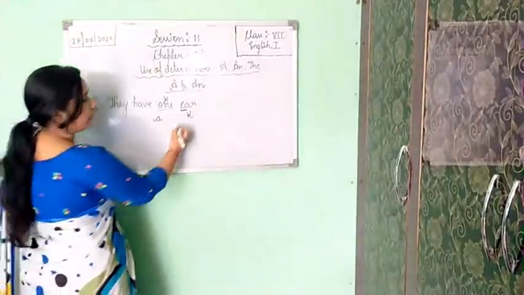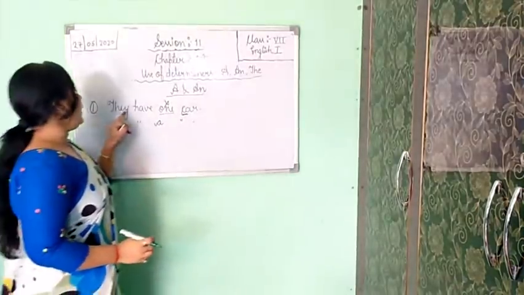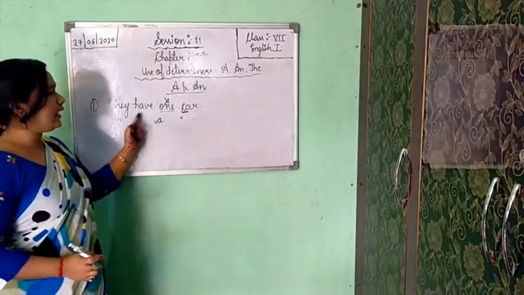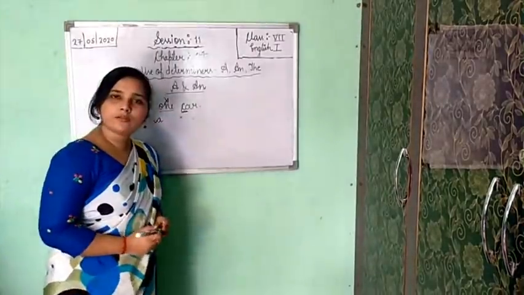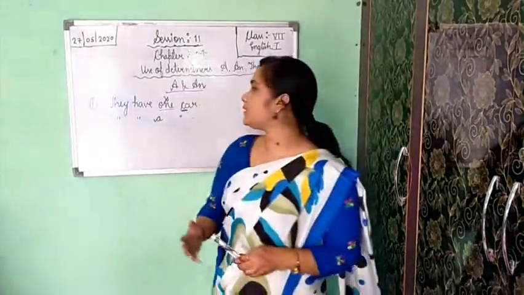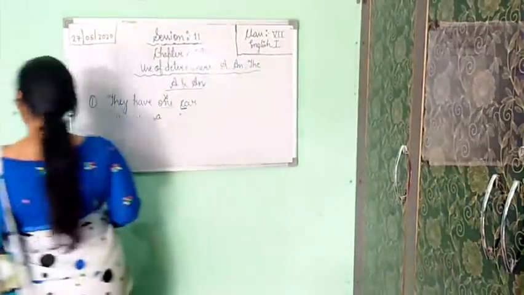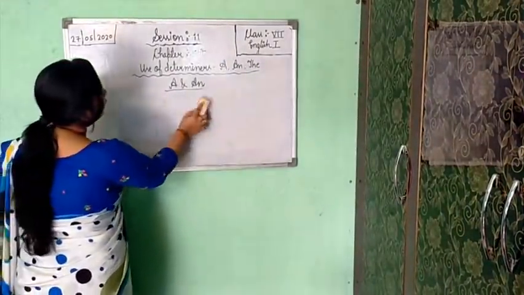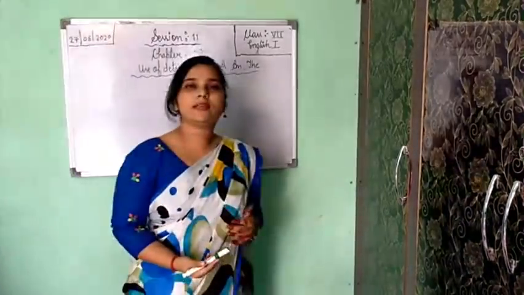They have a car. Instead of saying they have one car, always say they have a car, because for numerical sense we must use a only.